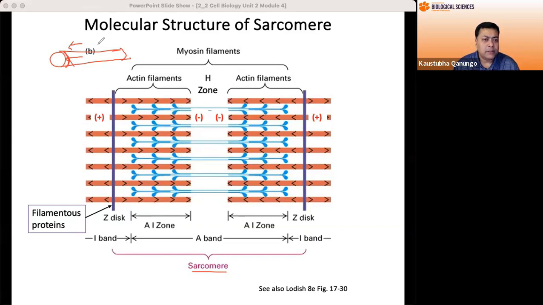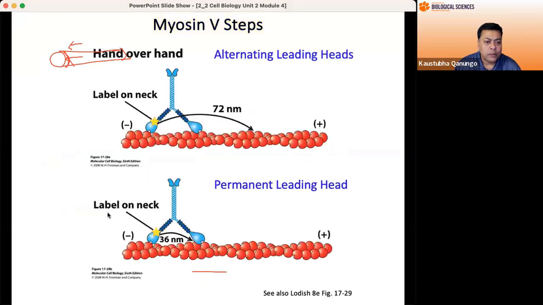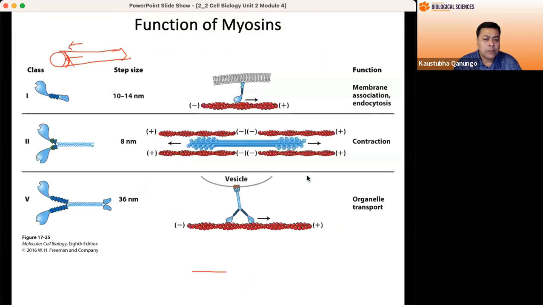Let's take a look at how it is arranged. A single myosin 2 will look like this. You can see two heads and the tail. The tail portion, the rod portion, is in the middle, right here, and these are the club-shaped heads. And see that these are the two myosin heads.